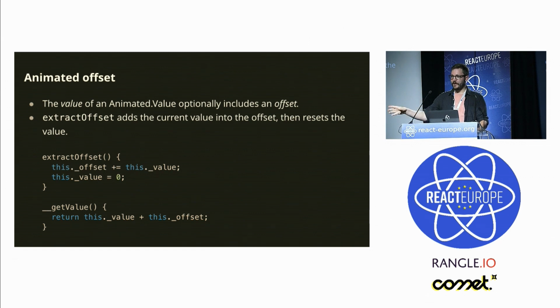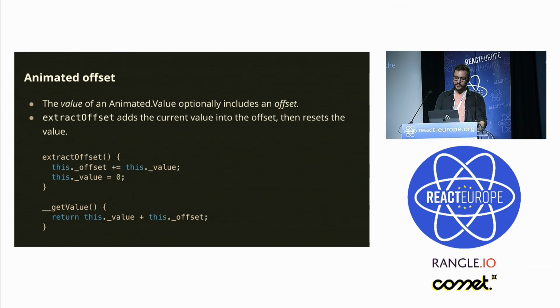If we set it to 1, the value is 1. And the wording here is like kind of strange because we actually calculate the value by taking the value and adding an offset. And so this code is from the internal implementation of animated. So get value takes the value and adds the offset.